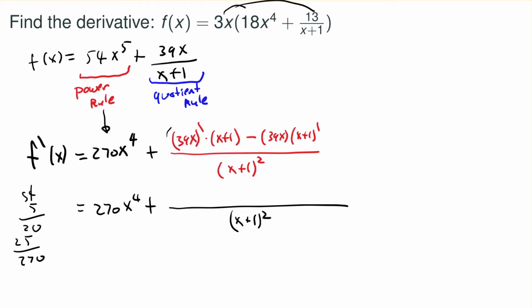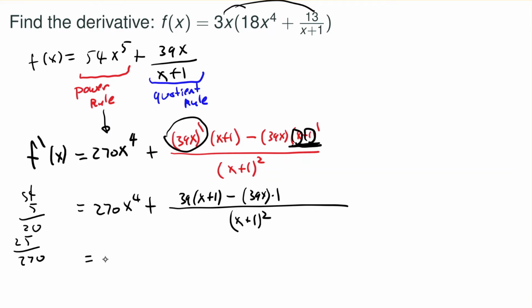Now let's find the derivative of this, which is just 39. So 39 times, keeping the parentheses here, x plus 1, minus 39x times the derivative of this, which is the derivative of x plus the derivative of 1. The derivative of x is 1, and the derivative of 1 is just 0, so I'm just multiplying by 1.